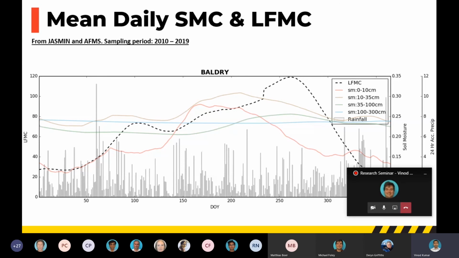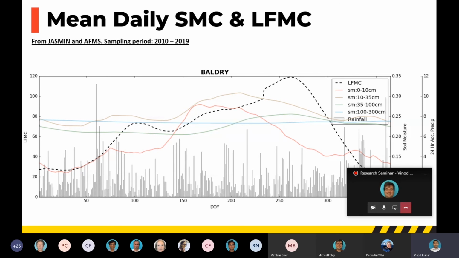There are studies which have shown that the seasonal variations in live fuel moisture content data are affected by a lot of other factors, especially plant physiological factors.